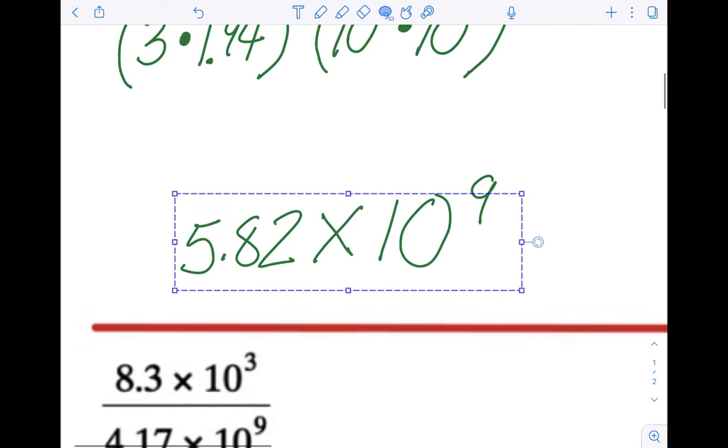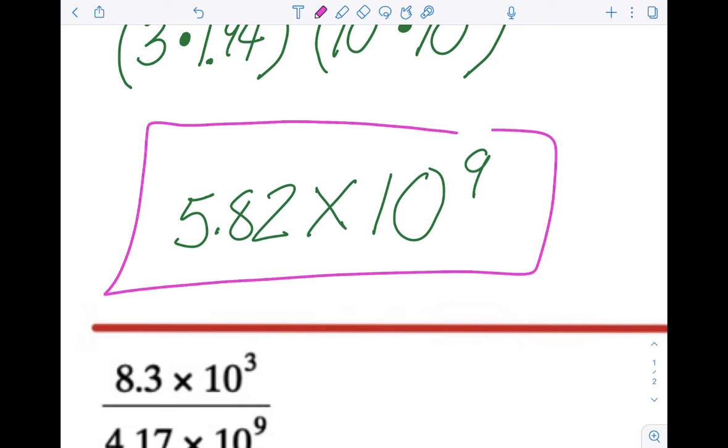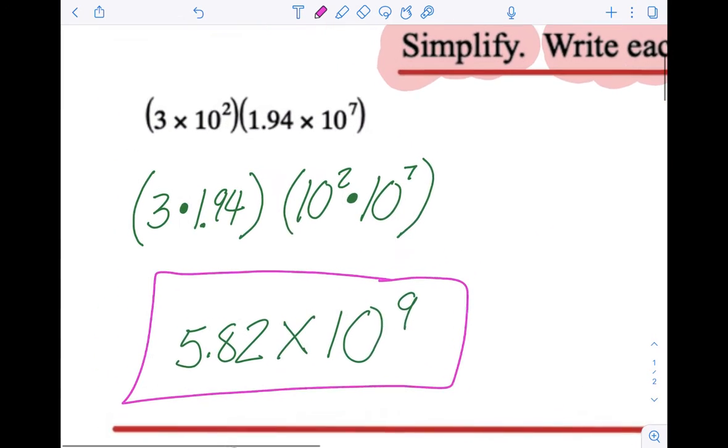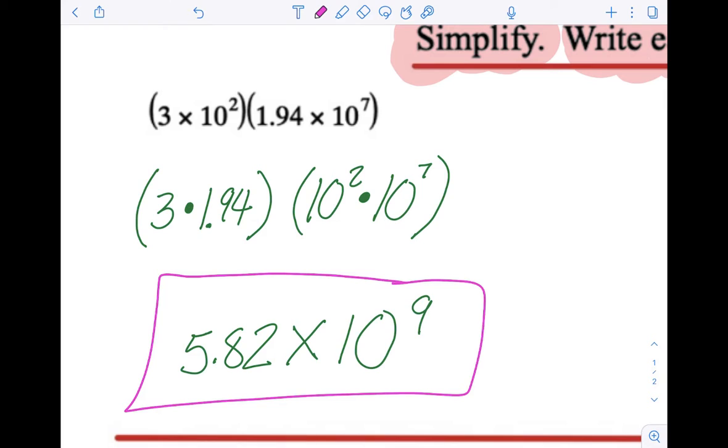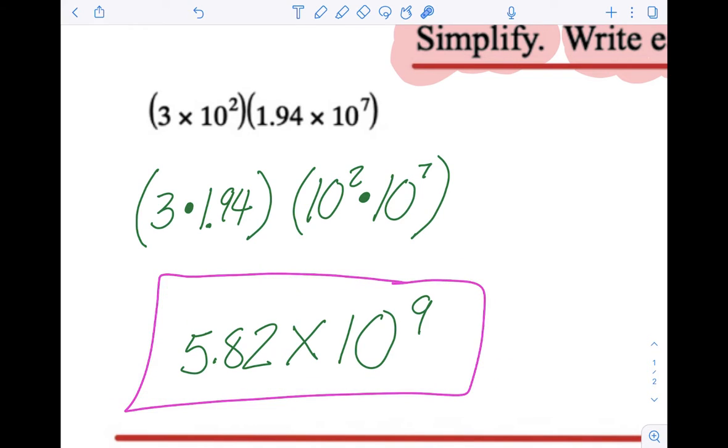This right here is my final solution. So when I multiplied these two scientific notations, I got this right here. Perfect. I simplified it and I wrote it in scientific notation.